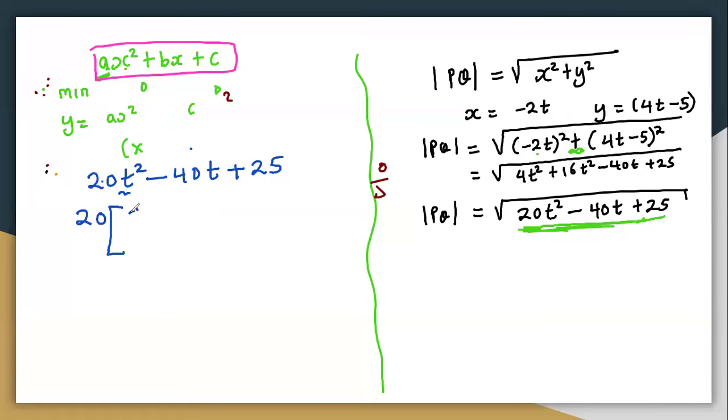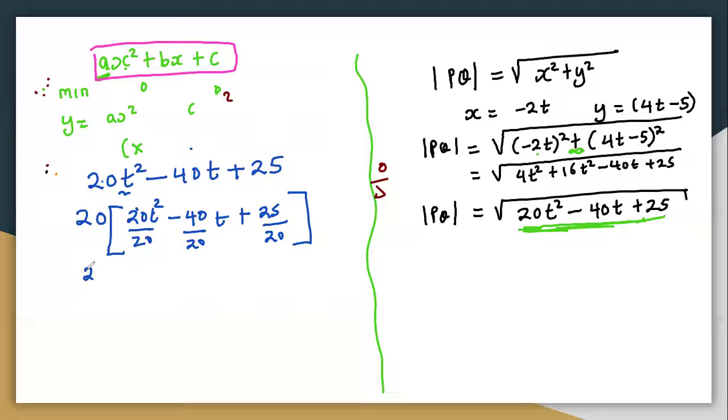And then I will say this is 20t squared out of 20 minus 40 out of 20t plus 25 out of 20. In other words, the moment you multiply with this 20 you have pulled out, the answer should remain the same.